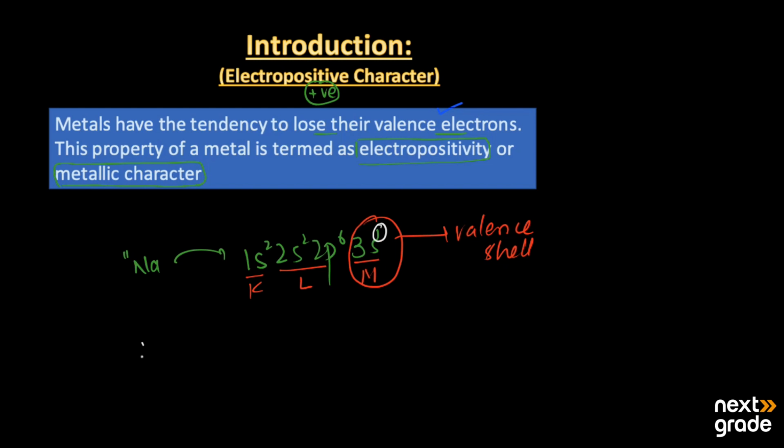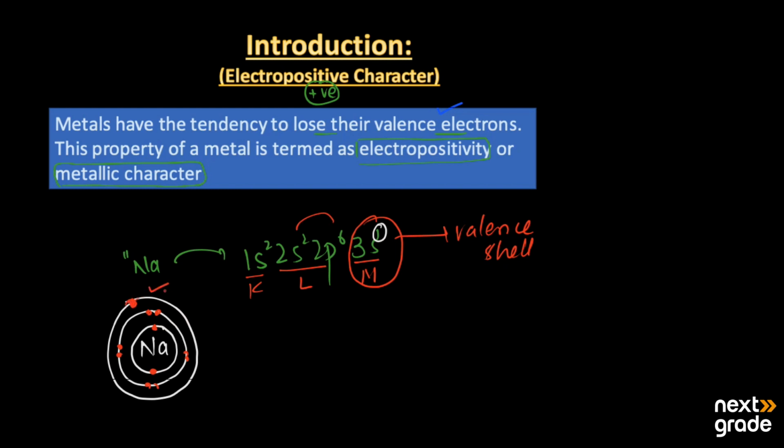By drawing the electron dot cross structure like this, this is the first, second and third shell of sodium. Sodium contains 2 electrons in the first shell, 8 electrons in the second, and 1 electron in the last shell.